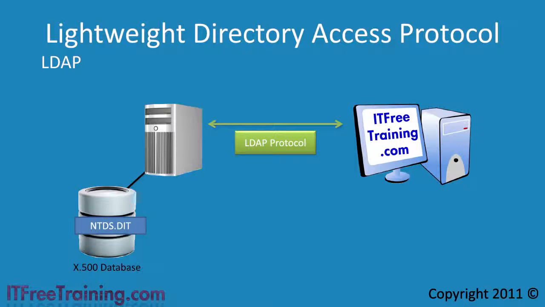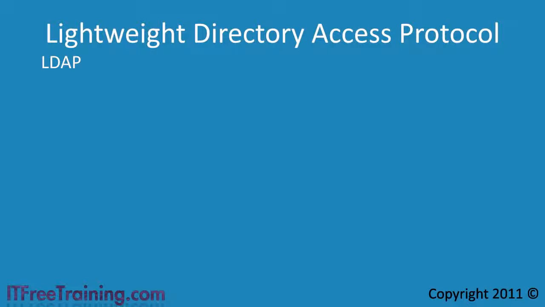To understand LDAP syntax, first consider what syntax you would use to access a file on your hard disk. To access a file on the hard disk, you would first put the drive letter, like C:, and then a slash. This would give you the root of the hard disk. To access a folder, you would simply add the folder, like users. To access a file, you would add a slash followed by the file name, like joe.doc.